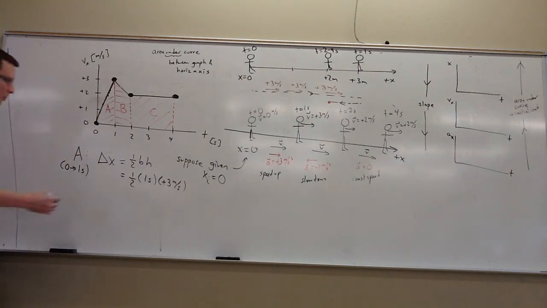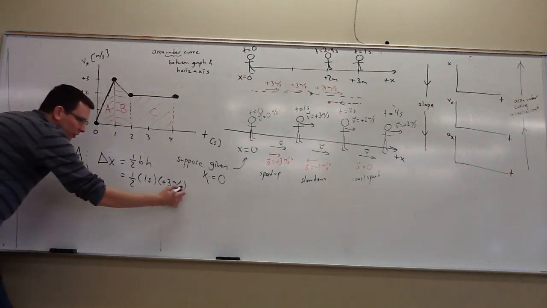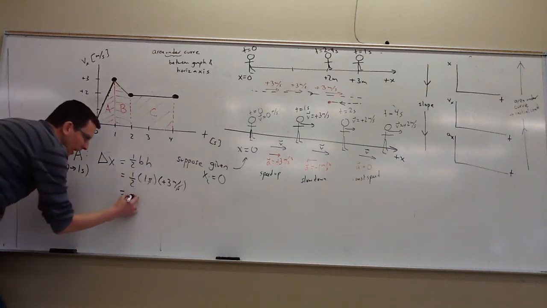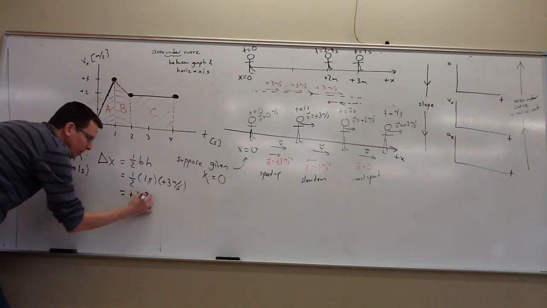So what does that come out to be? Well, first of all, the seconds cancel. That's reassuring. And that's about as much evidence as I can give you that this really does produce displacement. And then 3 times 1 times 1/2, that's plus 1.5 meters.